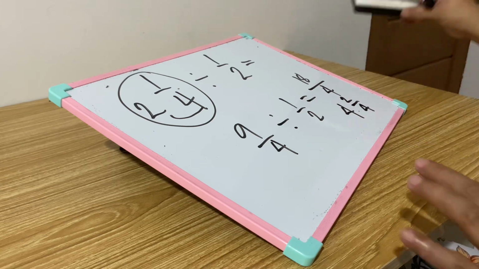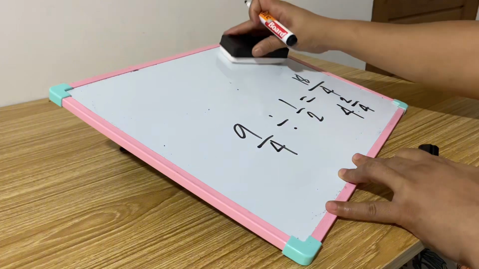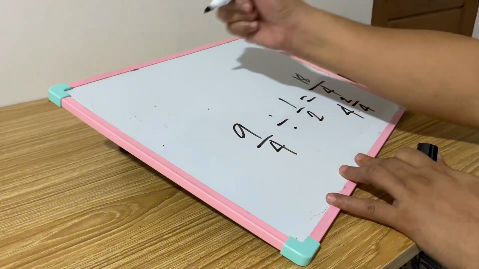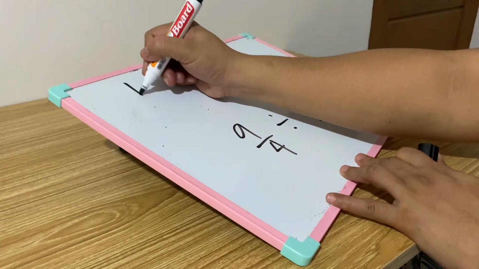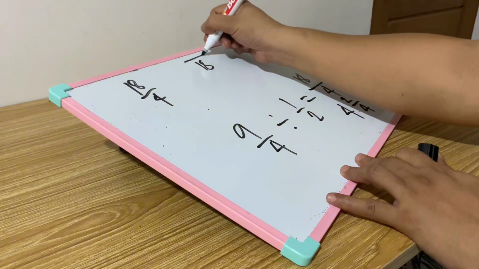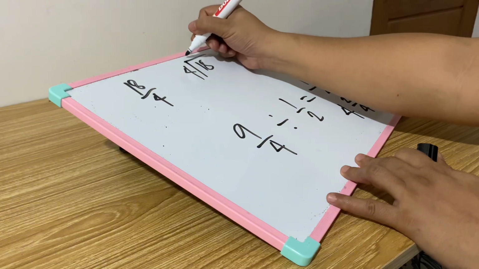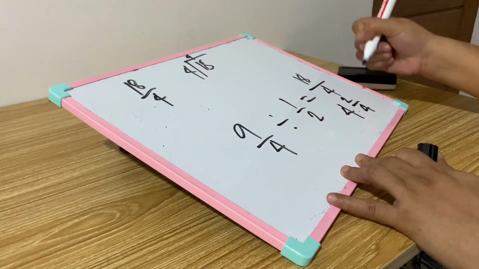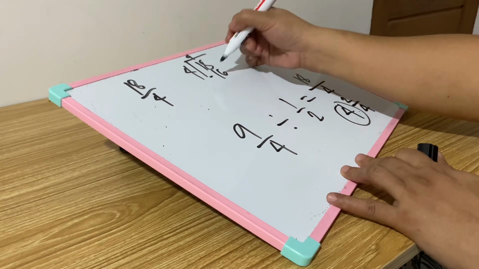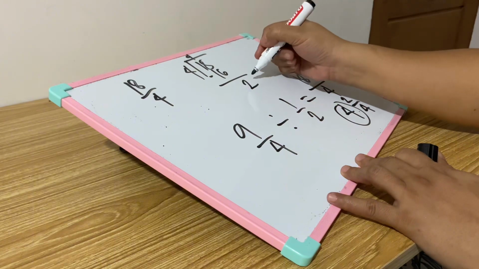So let's show it, okay? Let me erase this one. How did you get 4 and 2/4? The answer here is 18 over 4. So, you divide 18 by 4. You get 4. So, this is now your whole number. 4 times 4, 16. Subtract 18 minus 16 equals 2. So, this is the remainder.